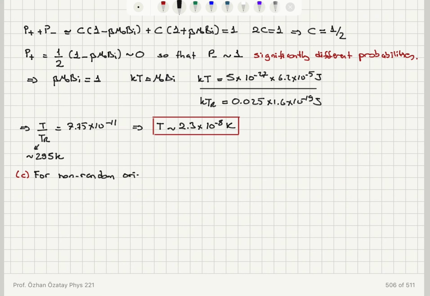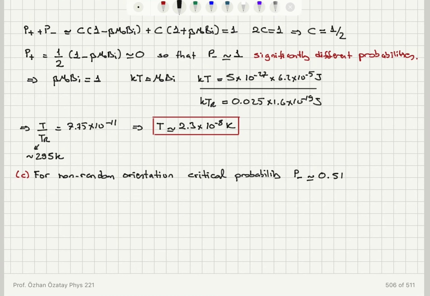For non-random orientation, I would ask for a critical probability value of p minus equal to close to 0.51.